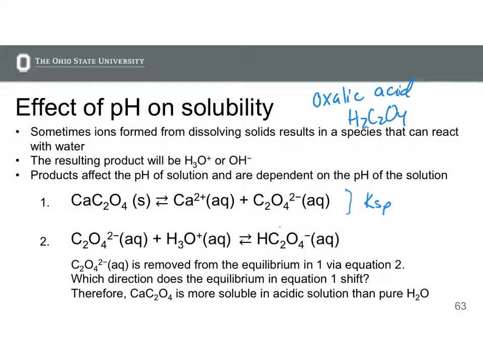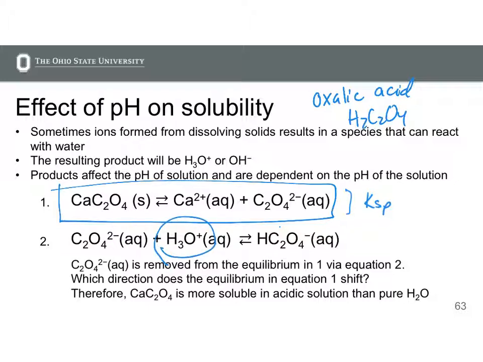So if we were to add acid to a beaker that contains calcium oxalate, what would you expect to happen to the solubility of the calcium oxalate? Increase or decrease? So decrease? Everyone agree? So what we should expect to happen when we add acid is that it's going to react with our oxalate ion and reduce this concentration, thereby pushing the equilibrium towards the product side of this reaction.